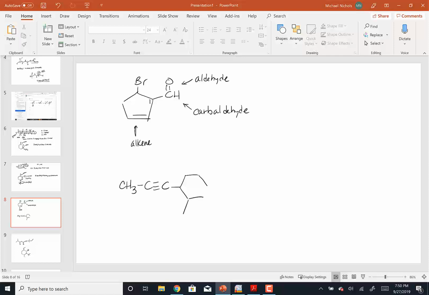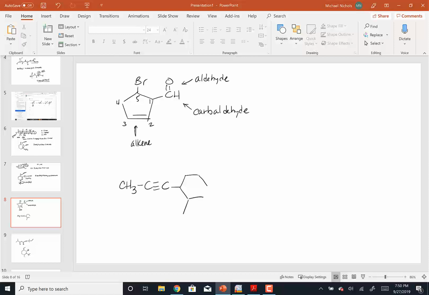Now I'm going to go clockwise to give the double bond, the next highest priority group, the lowest number. So I'm going to go around the ring like that. I number clockwise or counterclockwise, so I give the next highest substituent the lowest number.